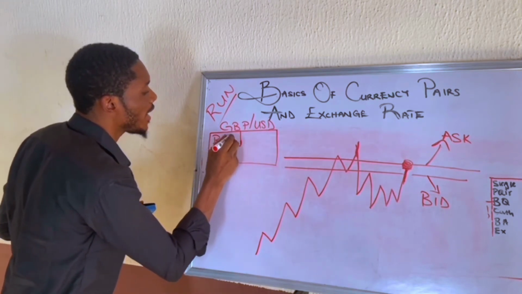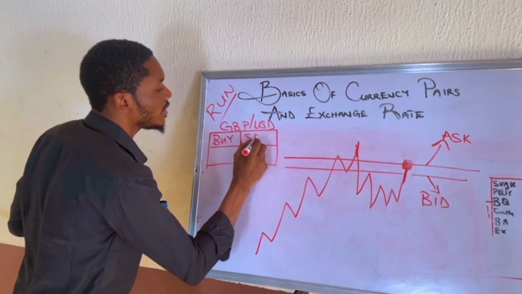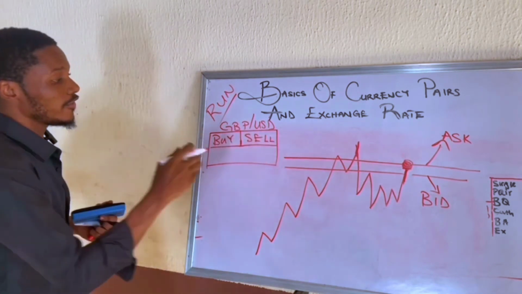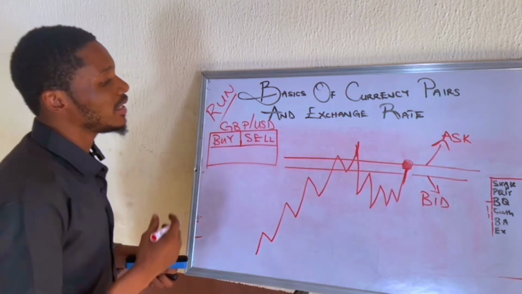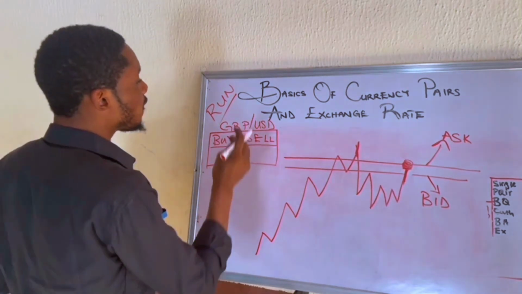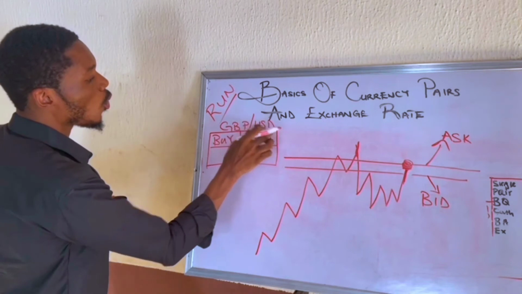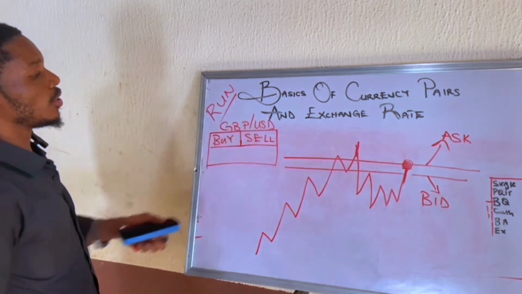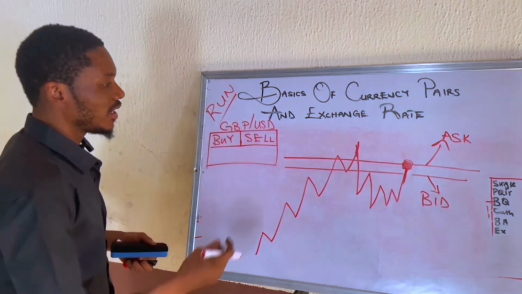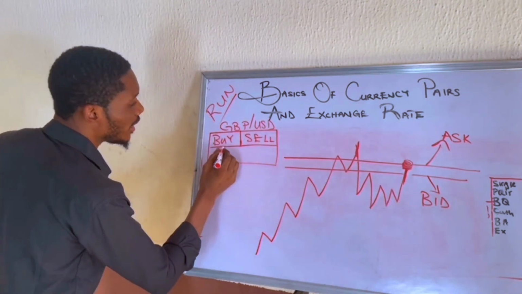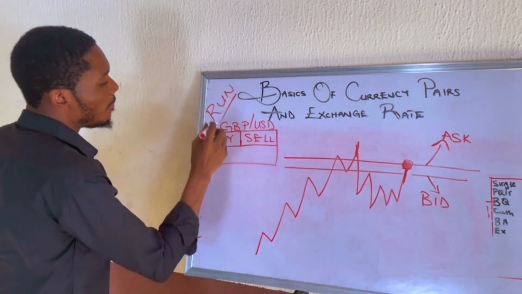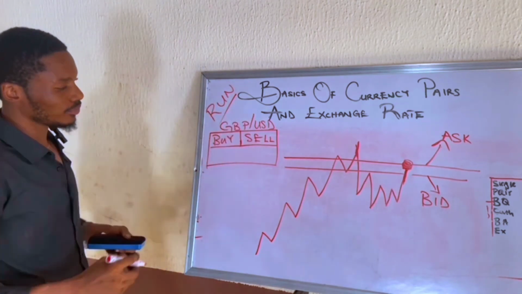Here you have your buy, and here you have your sell. And if you check that box, you see a number that is fluctuating. What this typically means is if USD is your quote currency and GBP is your base currency, it means that whenever you click the buy button here, you're automatically buying Great Britain pound.